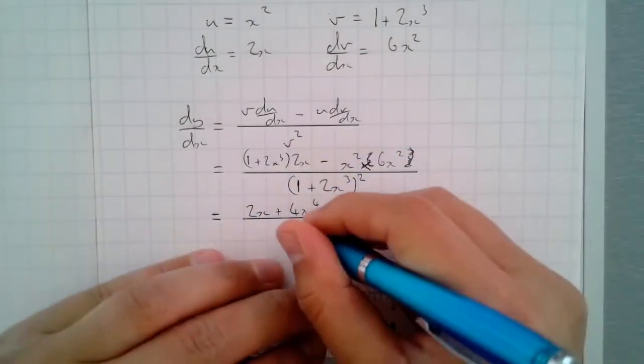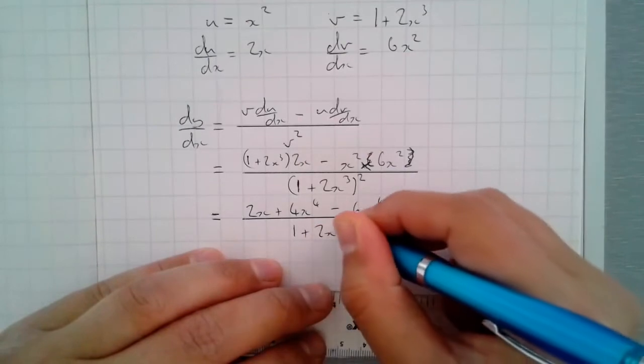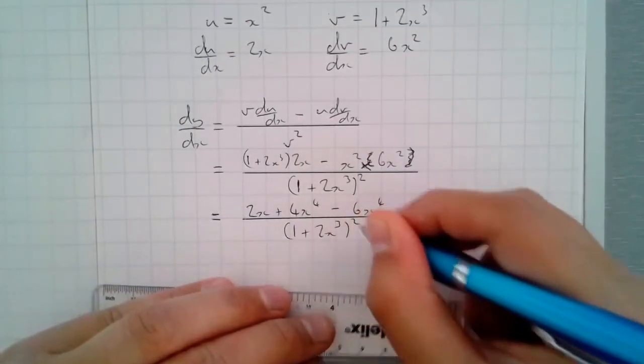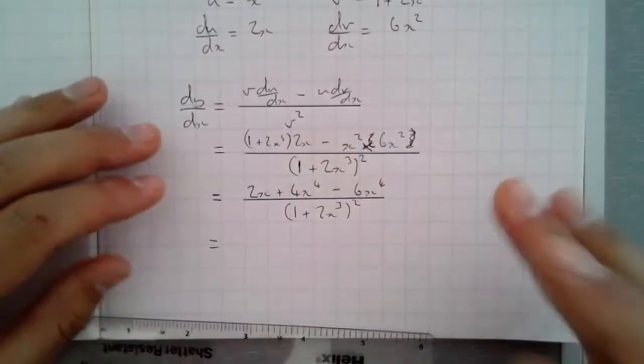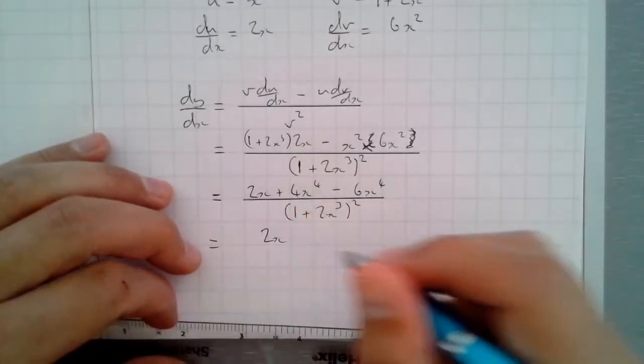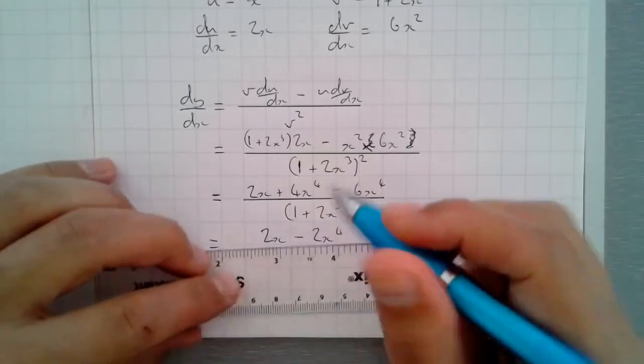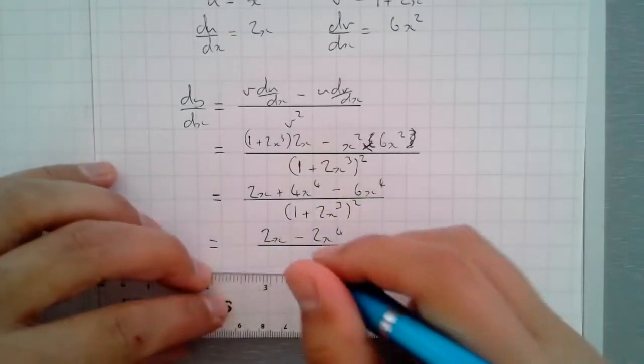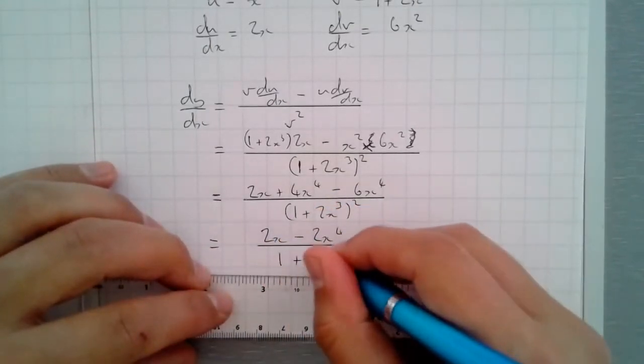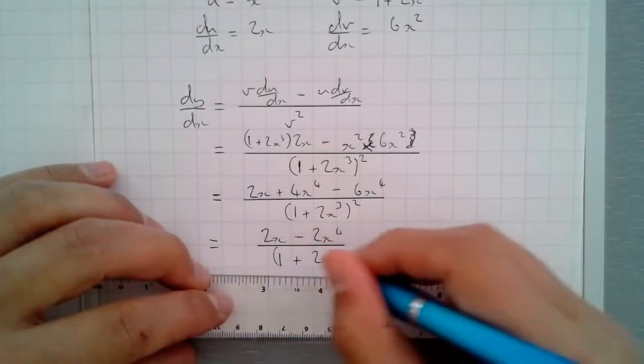Let's just do that. So we just tidy that numerator up slightly more to get 2x minus 2x to the 4 over 1 plus 2x cubed squared.